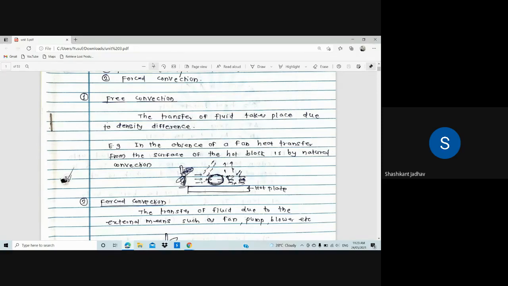Okay. So all of you write down the first type, free convection. Write down the first type, that is free convection.